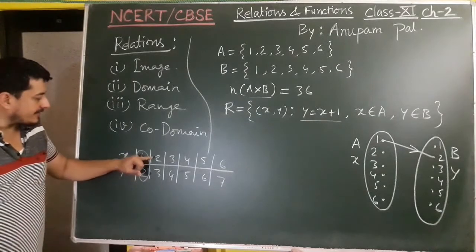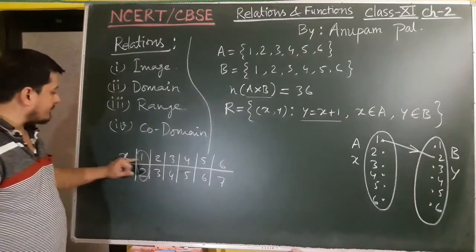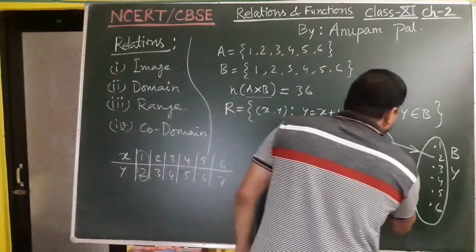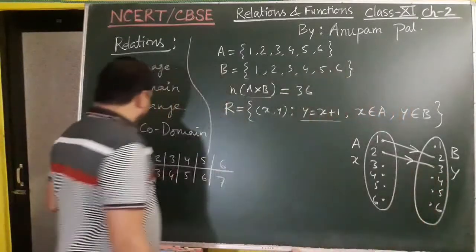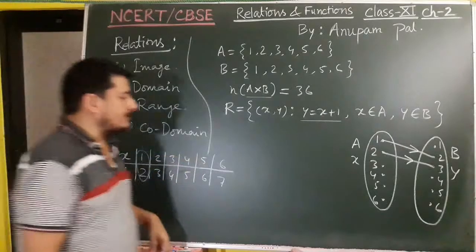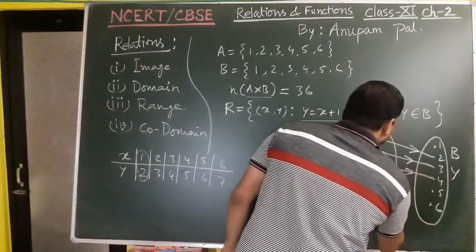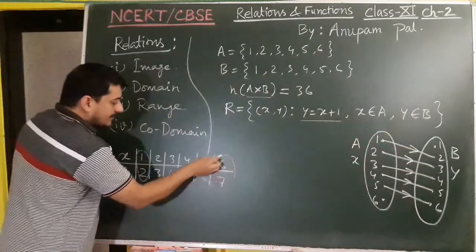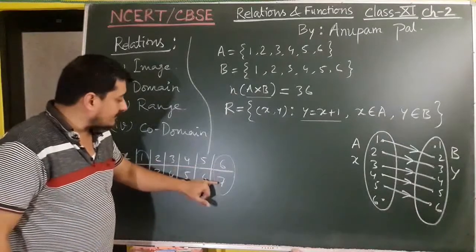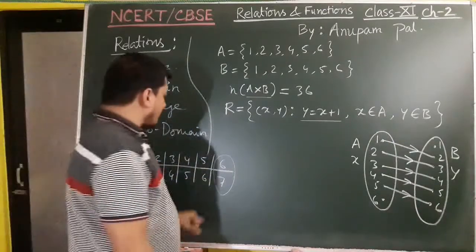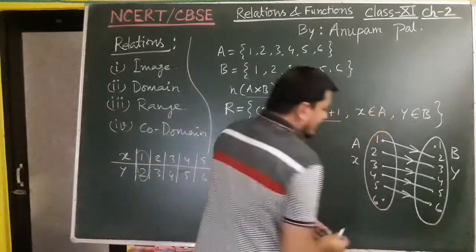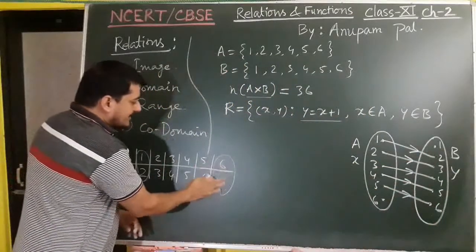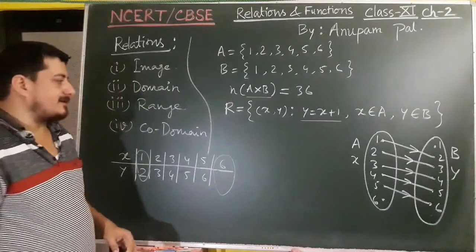Then the second ordered pair is 2, 3, so 2 from X is mapped to 3 of Y. All the way it goes like this: 3, 4, then 4, 5, then 5, 6. Now the last one is 6, 7. From 6 it is mapped to 7. But is there any 7 in B? There is no 7. So this is rejected, and we shall not take it into consideration.